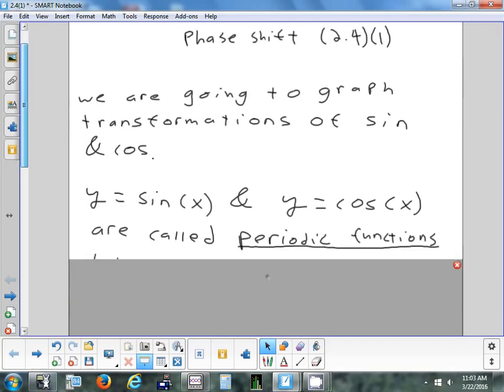The 2 we are going to look at, sine and cosine, are a special category of functions. So is tangent, but again, we're not studying it, called periodic functions. Basically, what a periodic function means is it repeats itself. After you've sketched one part of this graph, if you continue to sketch it, you're repeating what you've already sketched before.